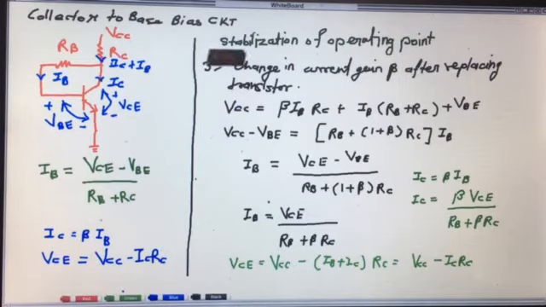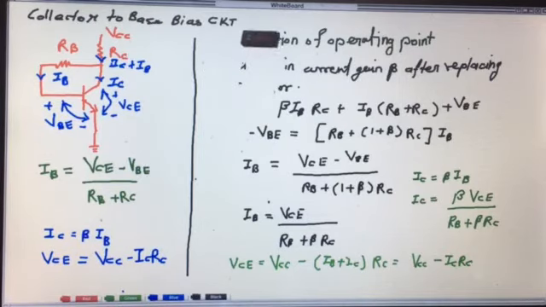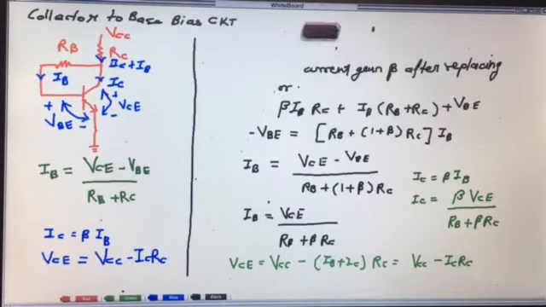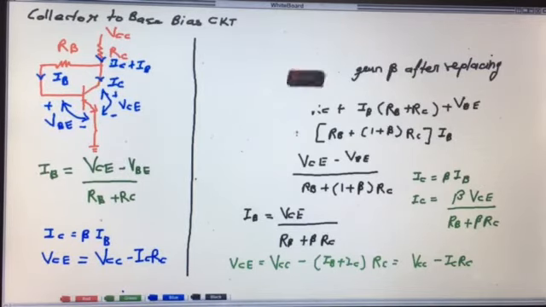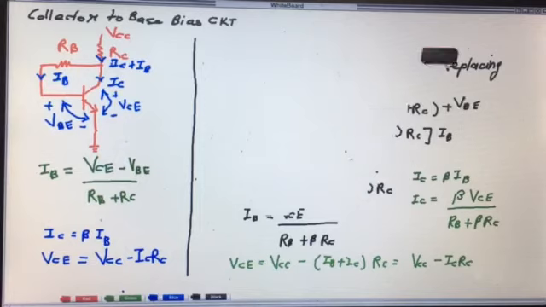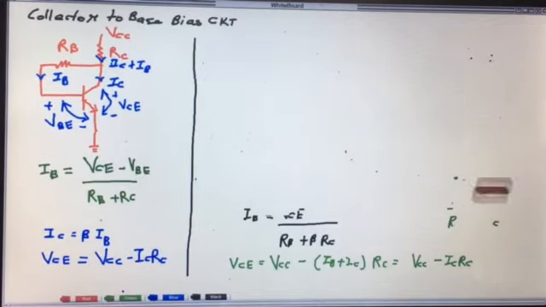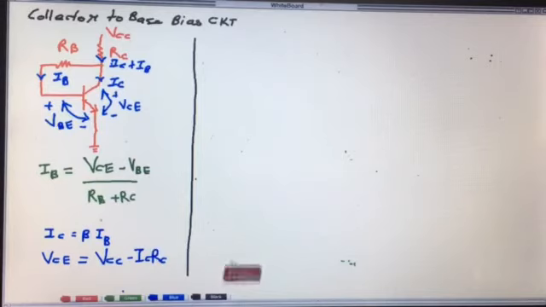Now our next point is the drawback of this collector to base bias circuit. What is the drawback of collector to base bias circuit?